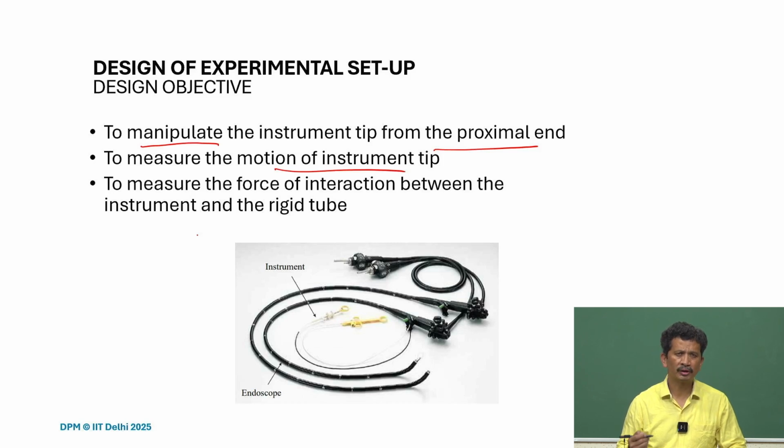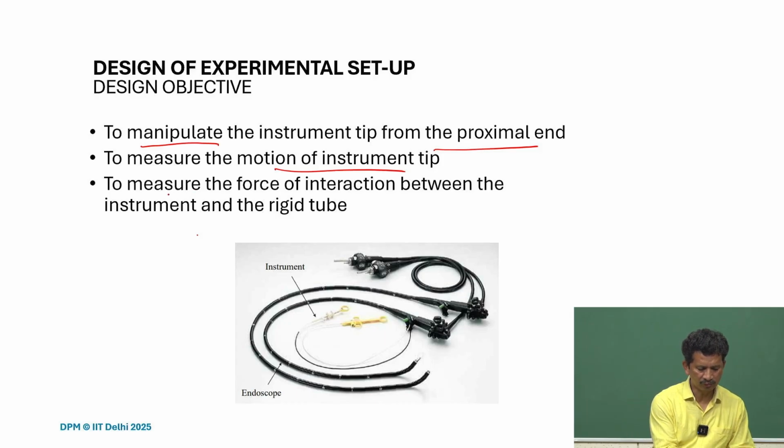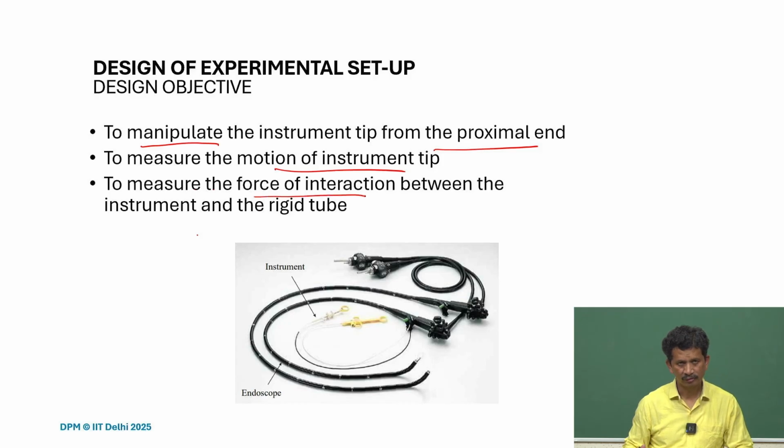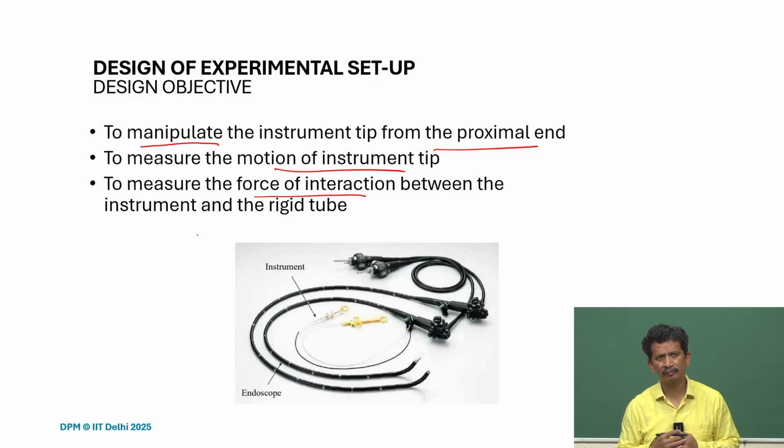So what is the relationship between the input and output motion? And in between, the instrument interacts with the tissues, with the endoscope, with the access channel that has been provided in these kinds of platforms. So what is the force of interaction? Can we measure that? So we want to measure the forces as well.